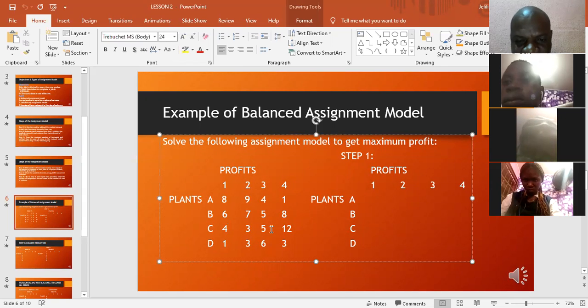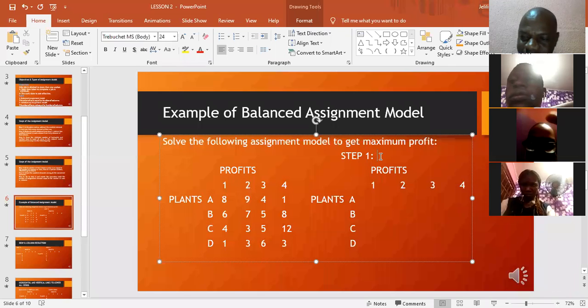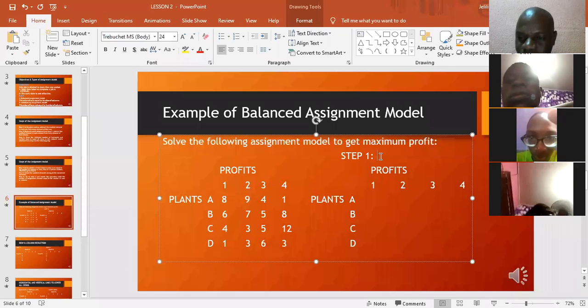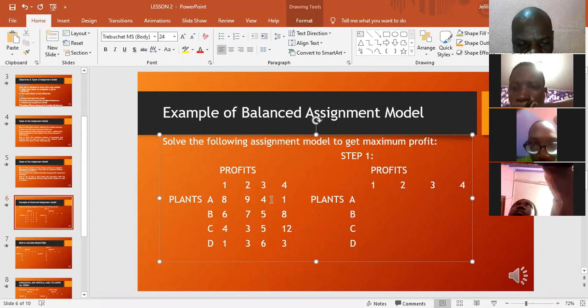Now, let's follow the steps of assignment problem. Step 1 says, select the smallest element in the matrix table and subtract it from all the corresponding elements in that particular row, as in row 1. For example, this is our row 1: 8, 9, 4, 1. And the smallest is what? 1.